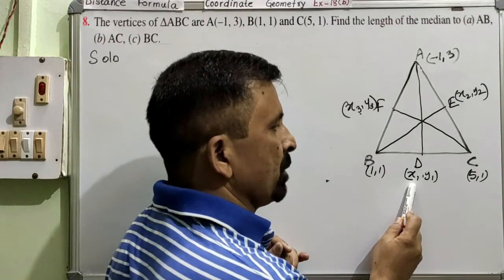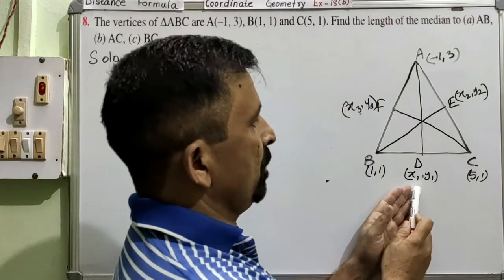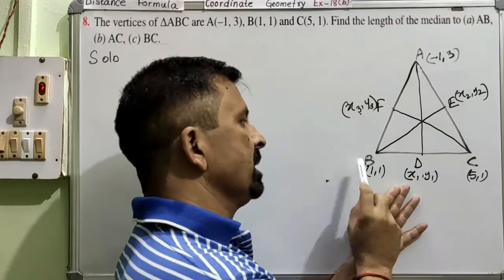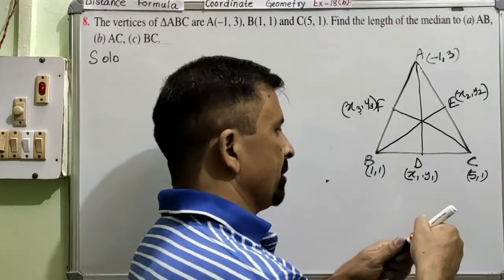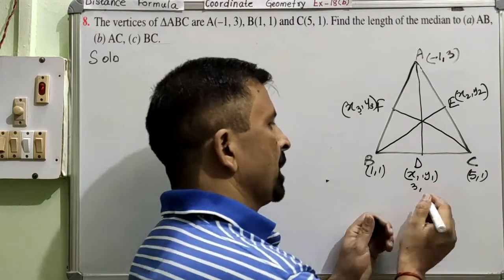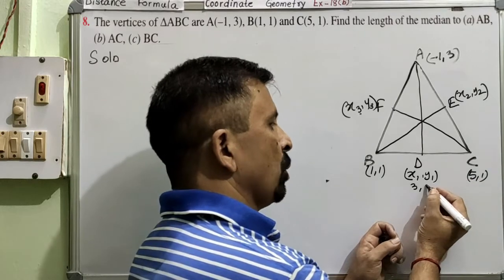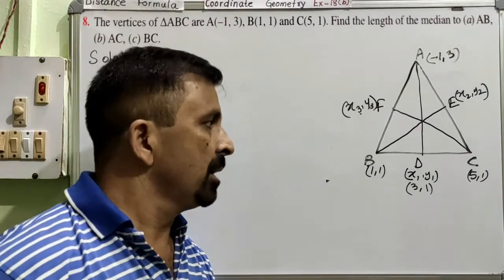First, I am going to calculate x1 and y1 using the midpoint formula. I will add the two x values and then divide by 2. So 5 plus 1, 6, divided by 2, so 3. That means the value of this becomes 3. Now y1: 1 plus 1, 2. 2 divided by 2 is 1. That's it. See, this is the midpoint formula. How simple it is.